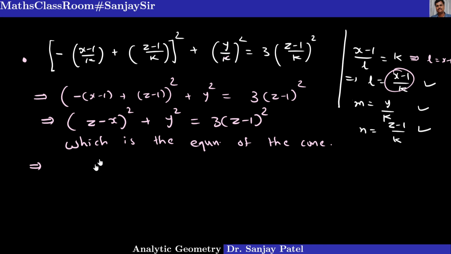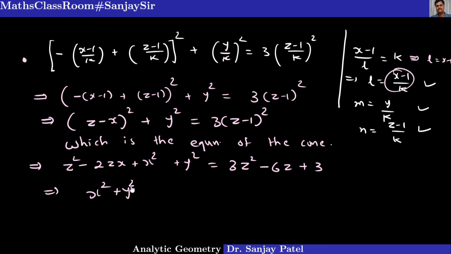This is a perfect square. So z square minus 2zx plus x square plus y square. This is again a perfect square, so 3 into z square minus 6z plus 3. Further, this gives us x square plus y square, writing these two terms first. Then z square minus 3z square is minus 2z square.